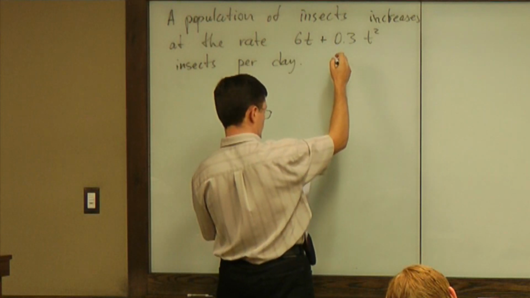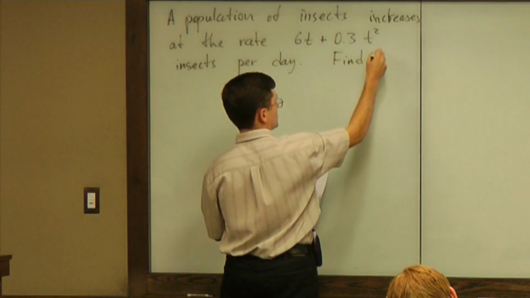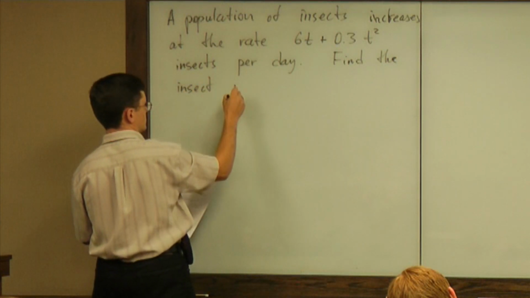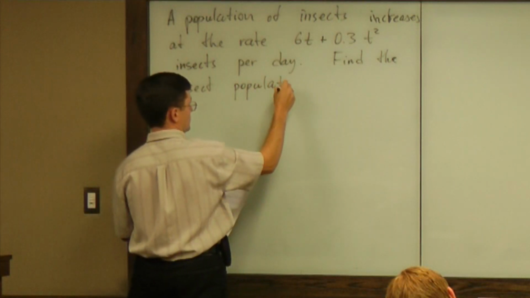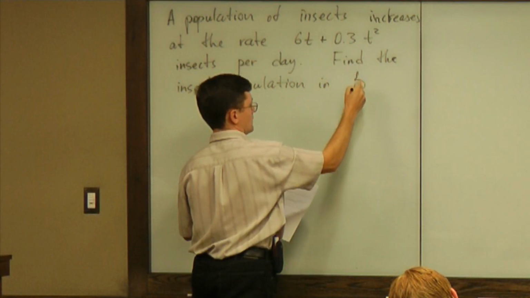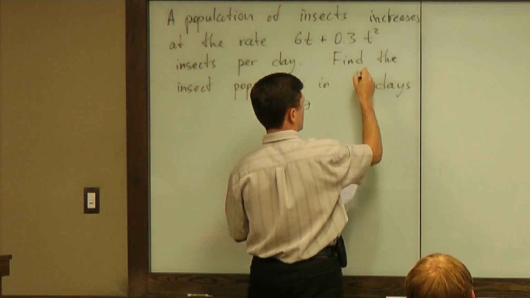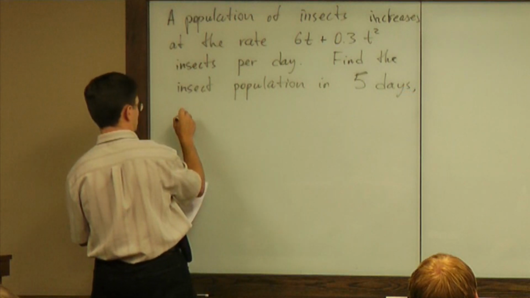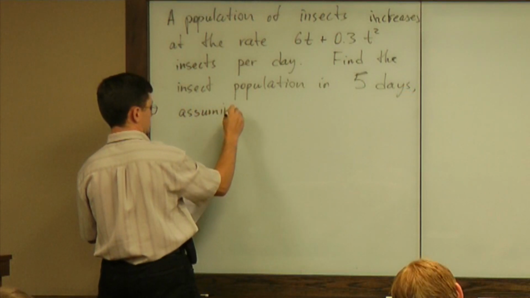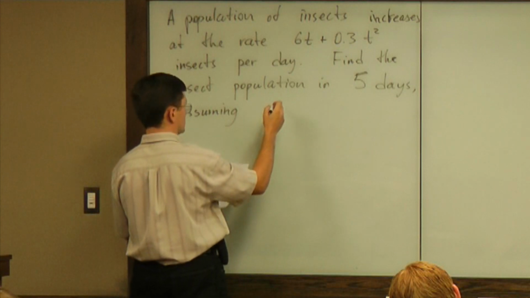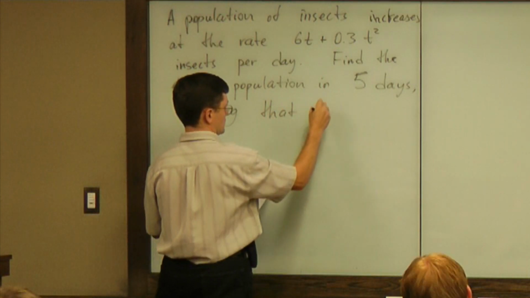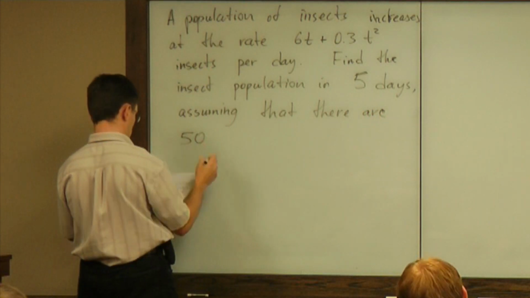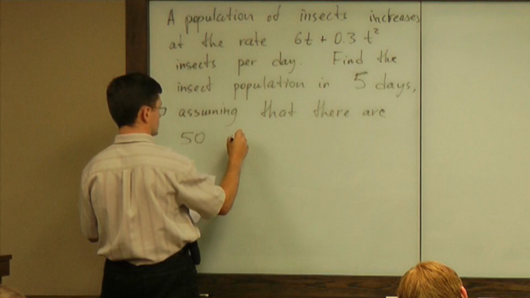Find the insect population in 5 days. Assuming there are 50 insects at t equals 0.